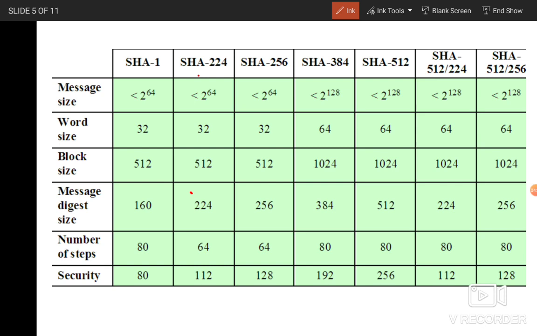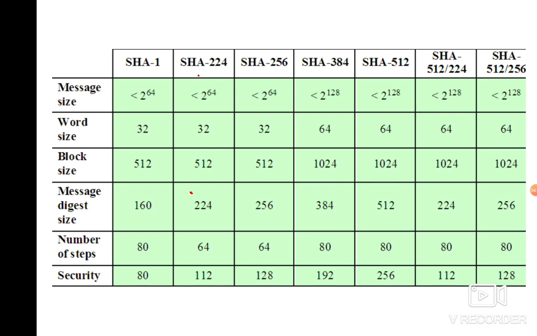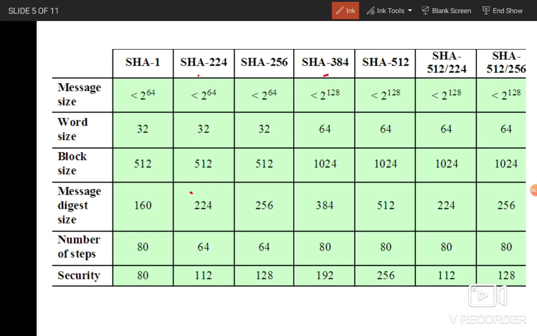And what about the output size? That is the message digest size, that is, the hash code sizes: 160 for SHA 1, 224 for SHA 224, 256 for SHA 256, 384 for SHA 384, and so on.